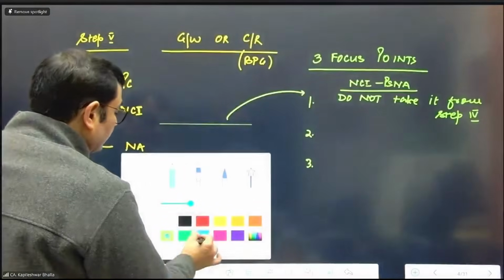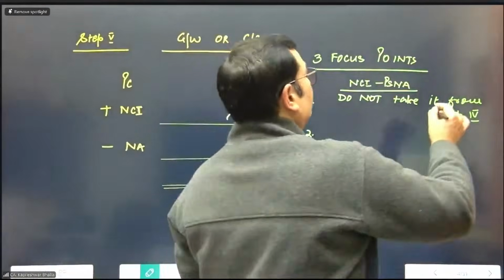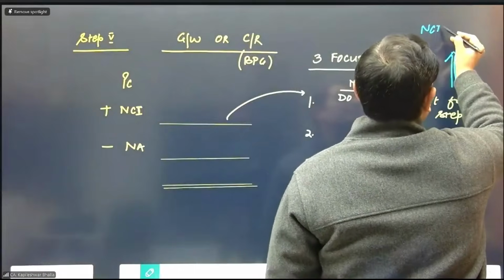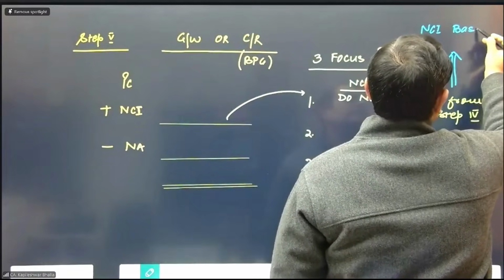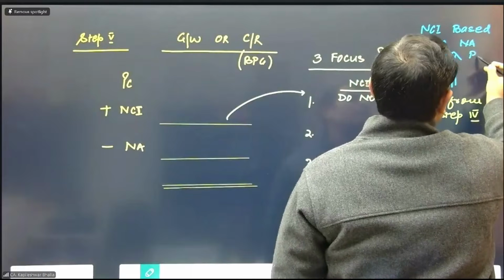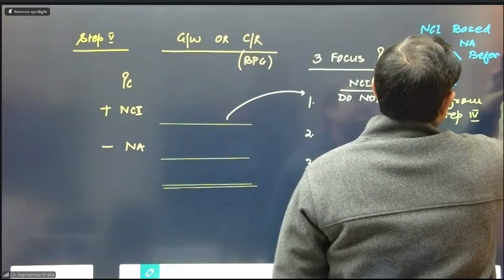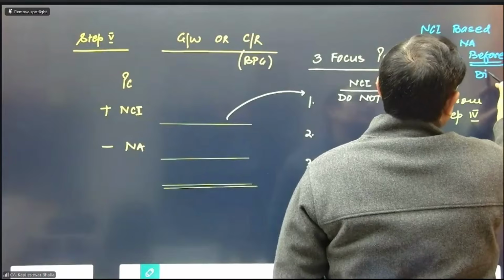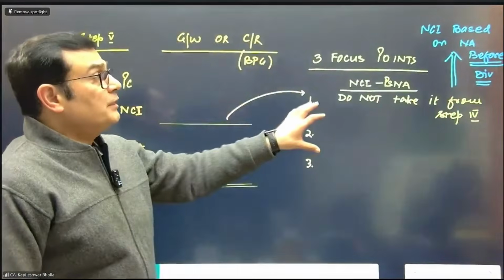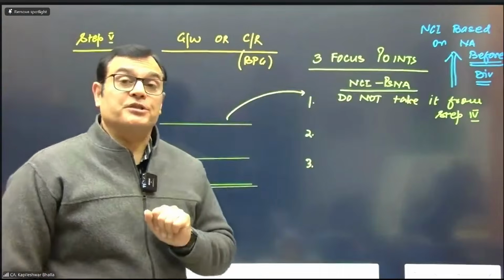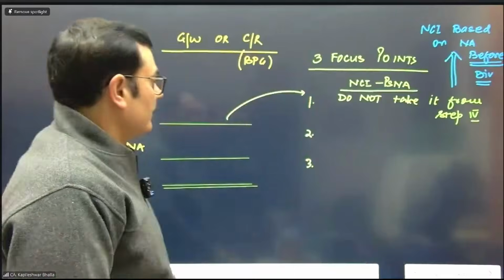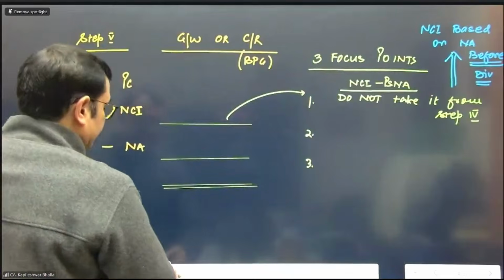So we will take NCI based on net assets before dividend. Your focus points need to be very clear that when you take the NCI, you take the net assets without reducing dividend, and then take the NCI.